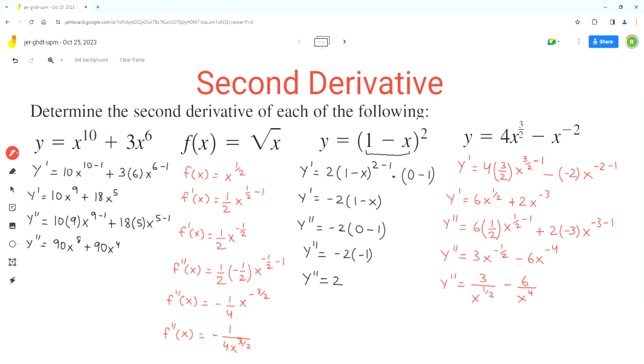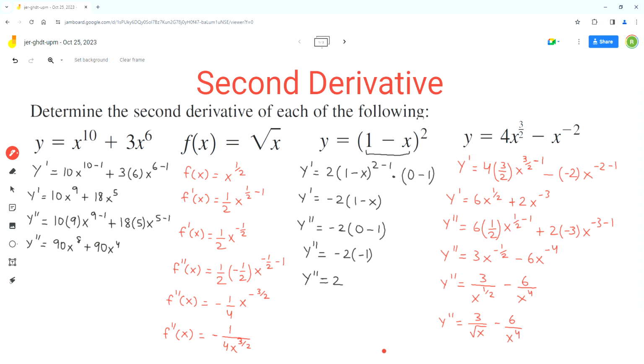So this can be the final answer for the second derivative of this equation. And we can also write the x exponent half as square root of x. So that can also be our final answer. So you can write the answer either way. Over 6 over x exponent 4.